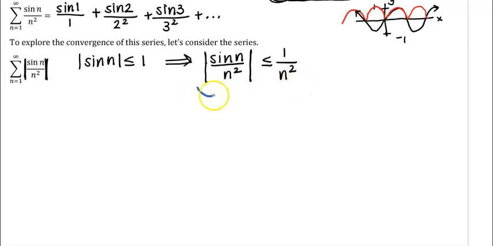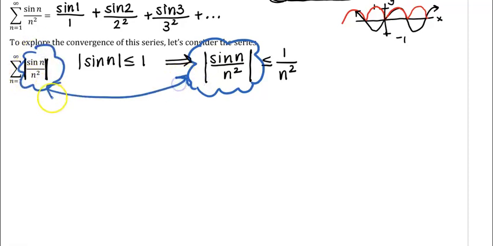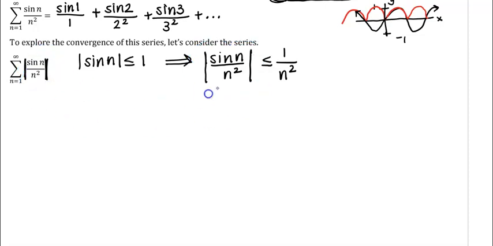The whole reason that I divided by n squared is because now I have the exact same term that we have on the inside of our series. What we have found on the right side, this 1 over n squared, is larger. Let's think about whether or not this series converges or diverges. This is a p-series.